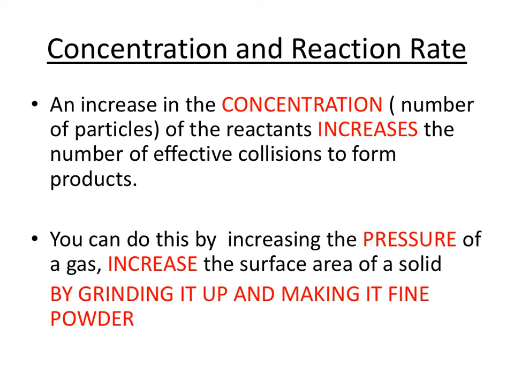It just makes sense that if you have a higher concentration of the reactants, then you will have more collisions. So the higher the number of particles of the reactants, it increases the number of collisions and increases the chance of having a productive or effective collision. Another term that's used is productive.